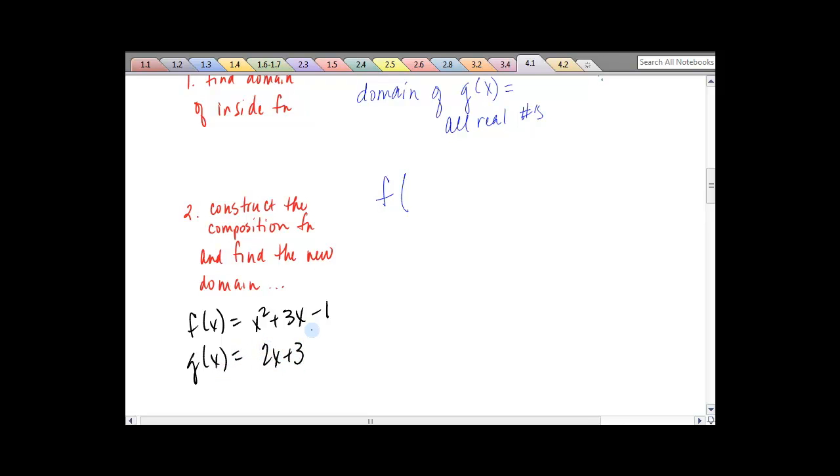So when I evaluate the function f of x for 2x plus 3, I'm essentially going to replace each one of these x's with 2x plus 3.